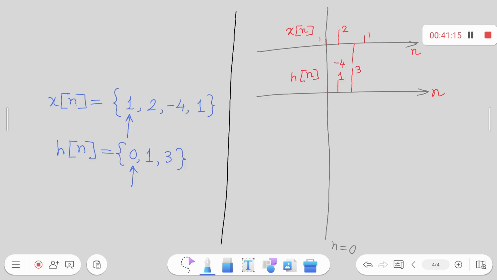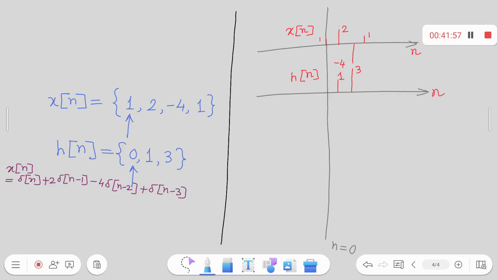First we consider x of 0. I can always represent this x of n as delta n plus 2 delta n minus 1 minus 4 delta n minus 2 plus delta n minus 3.